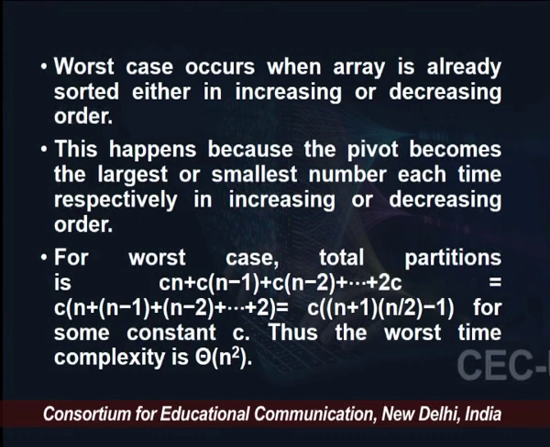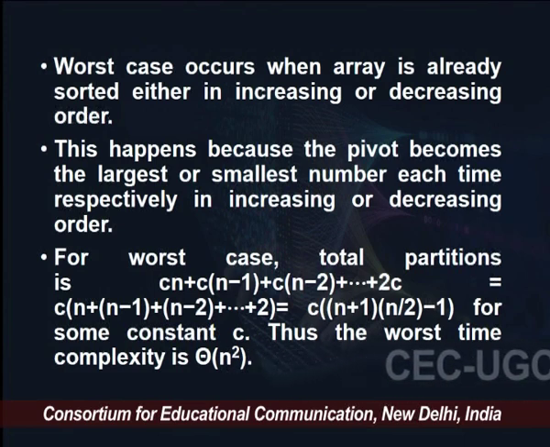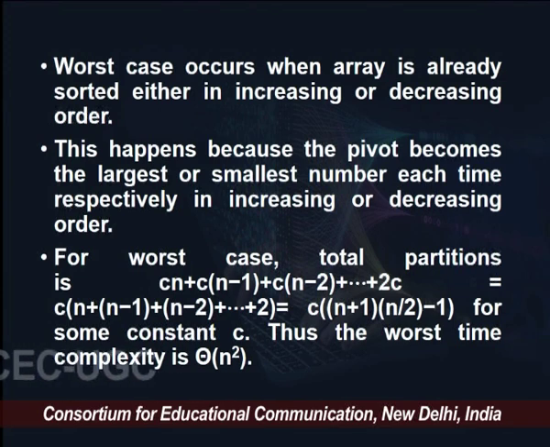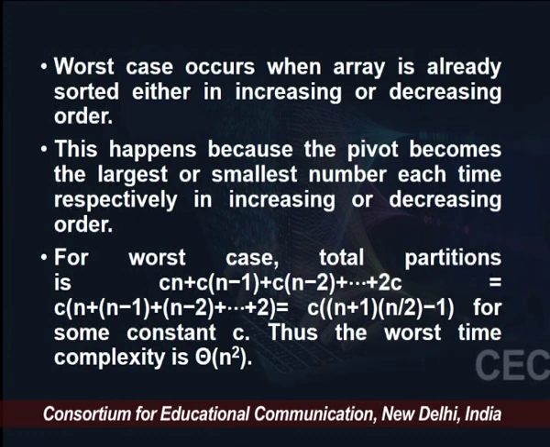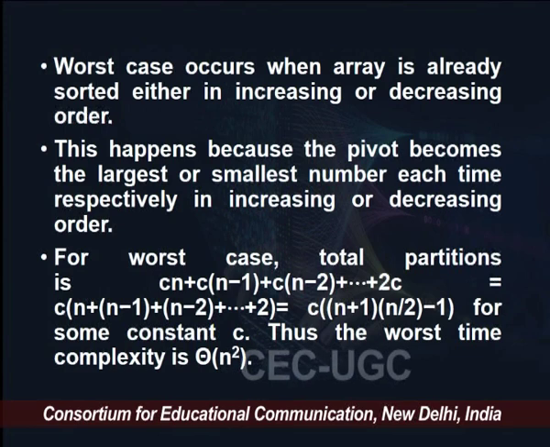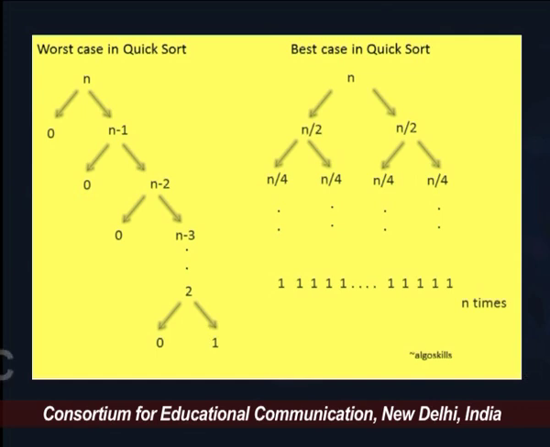This happens because the pivot becomes the largest or the smallest number each time, respectively in increasing or decreasing order, and thus it will give one partition empty and all other elements in the next partition. If you try to find the complexity of the algorithm, it will give you a worst time complexity of theta n square, and this is the case as I have depicted in the worst case in quicksort.